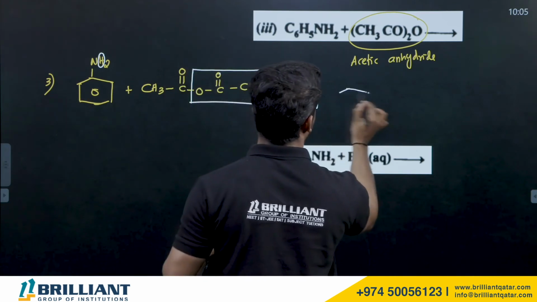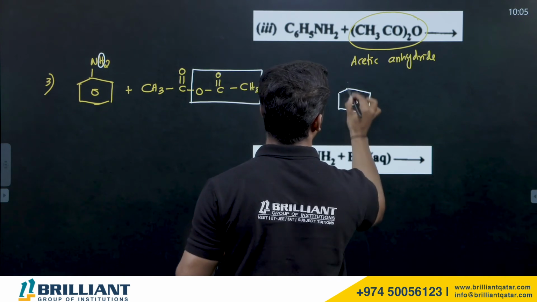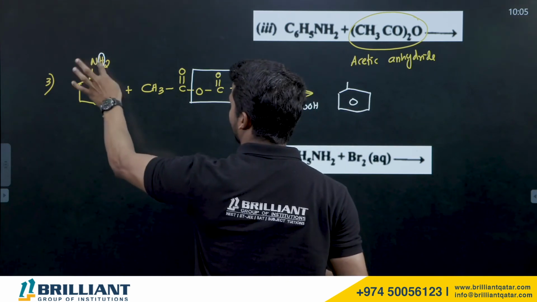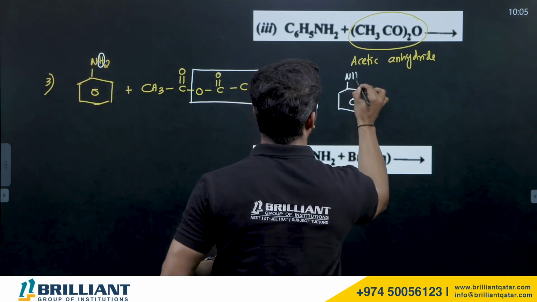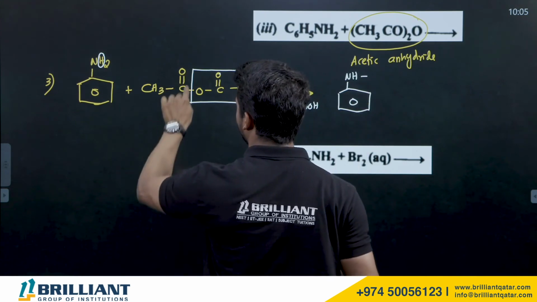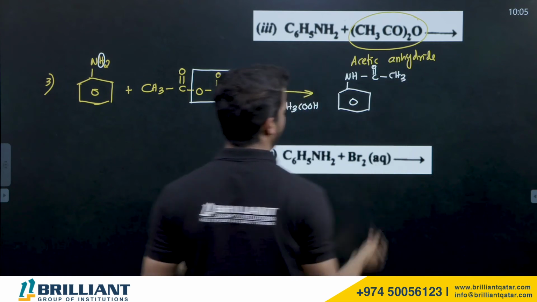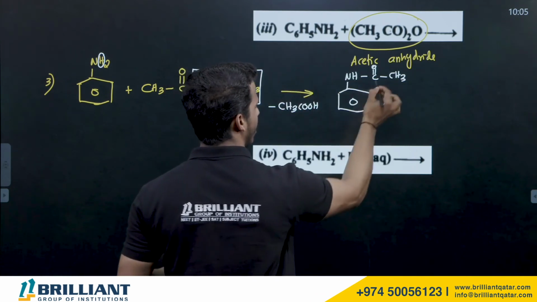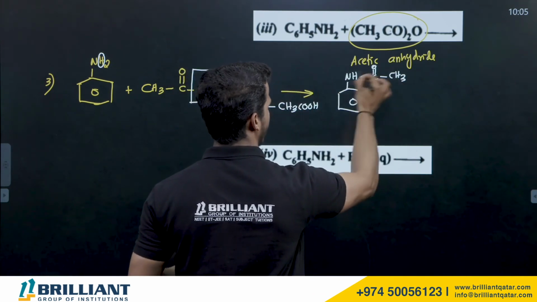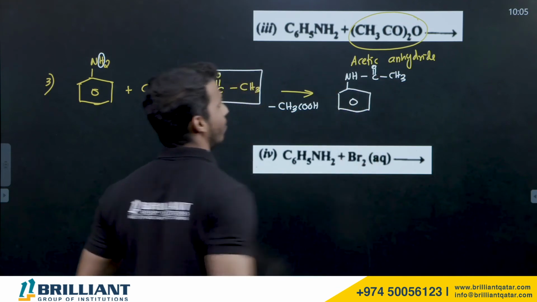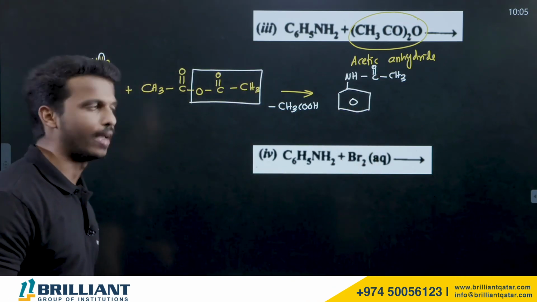Remaining group, you just club it. We have benzene with NH, since from NH2 already one hydrogen is gone, and remaining COCH3. What is this compound? We already named before, N-phenyl ethanamide, a 2 carbon containing amide. It's also called acetanilide.